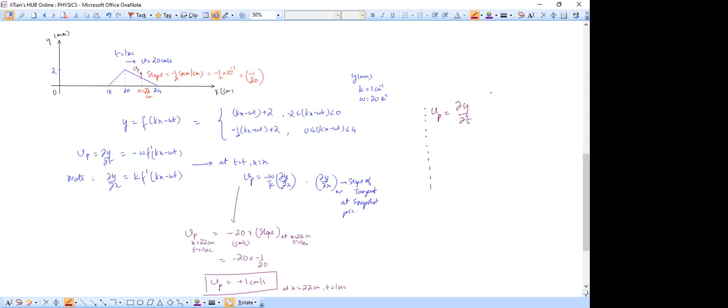Okay, so that you can see is, if you were to do this partial differentiation, it would be minus omega and it would be okay.